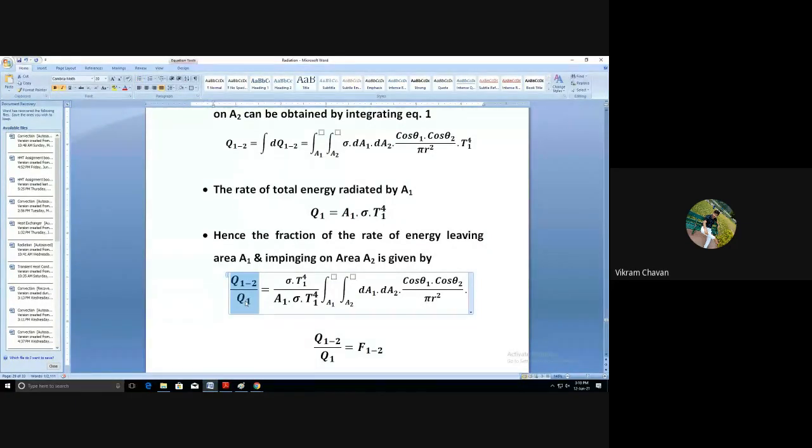Q1 amount of total energy is released by that surface. Out of that, Q1 to 2 amount of energy is striking on another surface, or a fraction of the total energy is striking the other surface. Q1 to 2 divided by Q1.